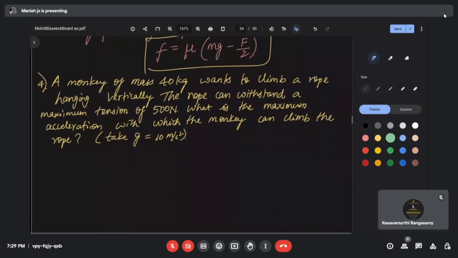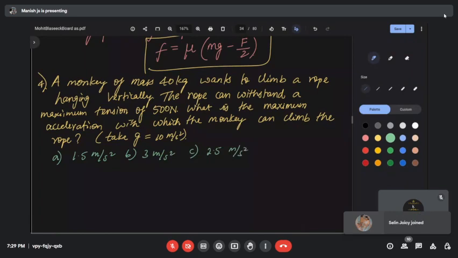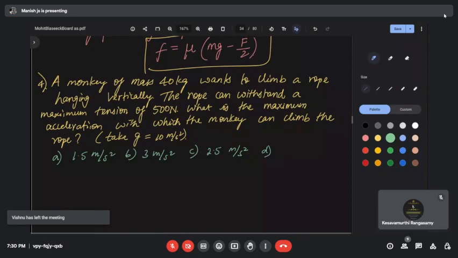So this is the question. I'm giving you the options. Option A, 1.5 meters per second square. Option B, 3 meters per second square. Option C, 2.5 meters per second square. And option D, 2.5 meters per second square.